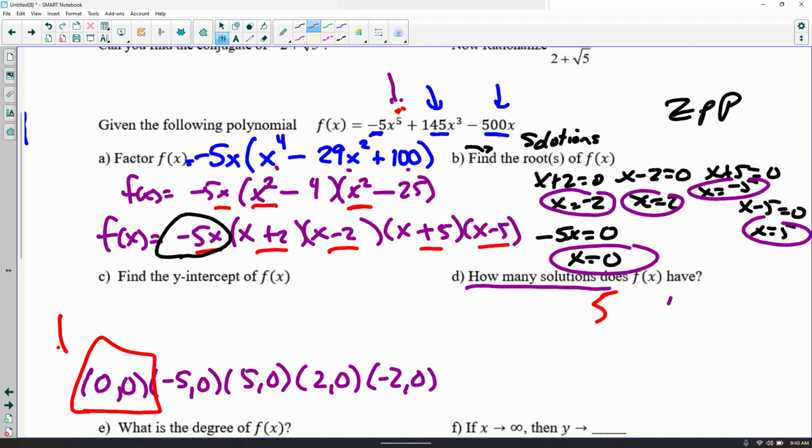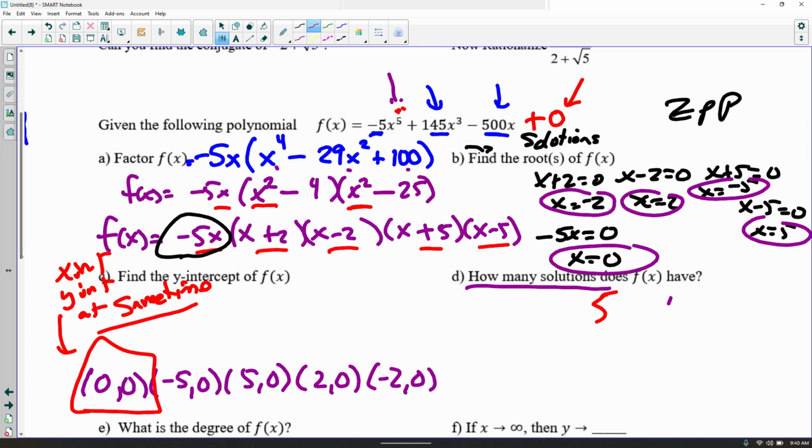This point right here is the only point that can be the x-intercept and the y-intercept at the same time. It's the only point that does that. It is very, very special. So if you end up with 0 there, guys, this is plus 0 down here. That is why it is the y-intercept. Remember that last number is always going to be your y-intercept. There it is.